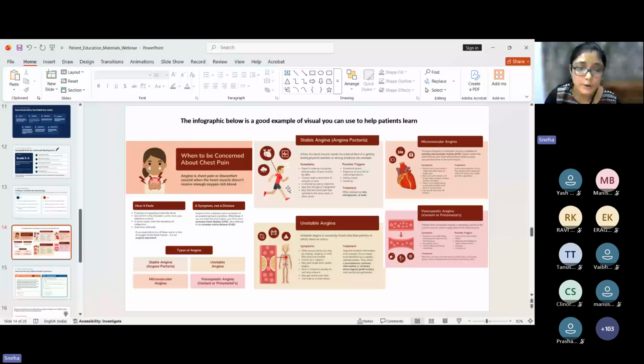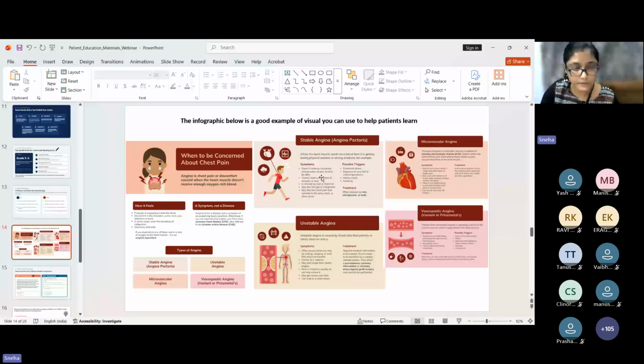It shows the different types of angina. You see, what is stable angina? What is unstable angina? Their symptoms, possible triggers, treatment, everything in one place. This is how an infographic should look. You see, the diagrams are quite relevant, not very heavy medical diagrams, but yet very connecting. They will help patients to connect. So this is just an example to help you understand how an infographic works.